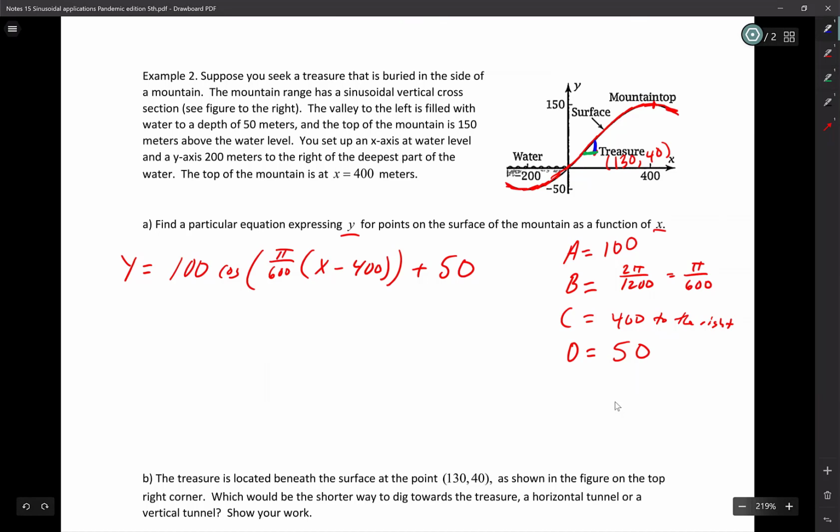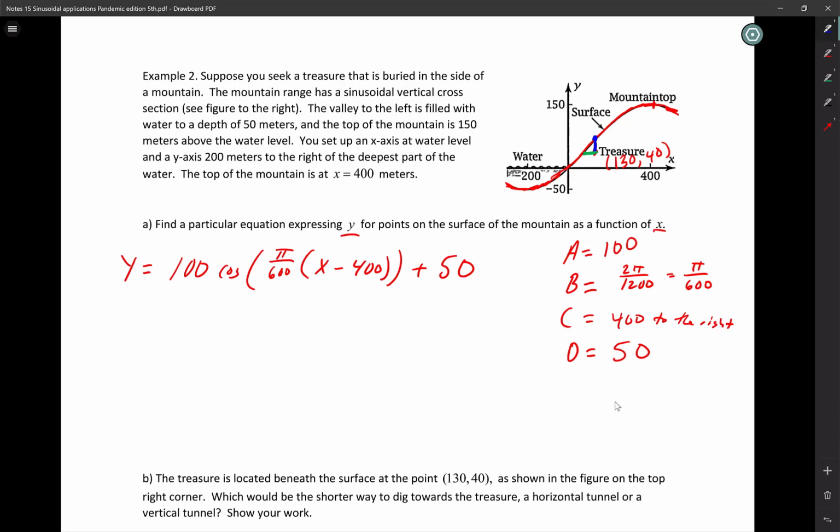So here, let's go ahead and see if we can figure out a game plan. It's not hard to do. So if I want to figure out the vertical tunnel, all you got to do is figure out the Y value of where you are at on that mountain. Does that make sense to everyone? And we can do that by plugging in an X value of 130.